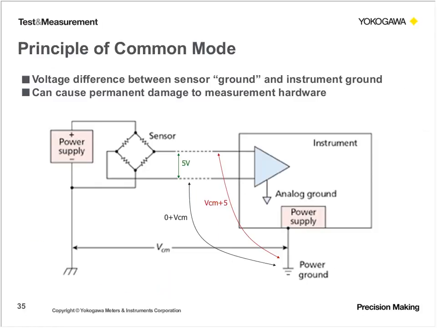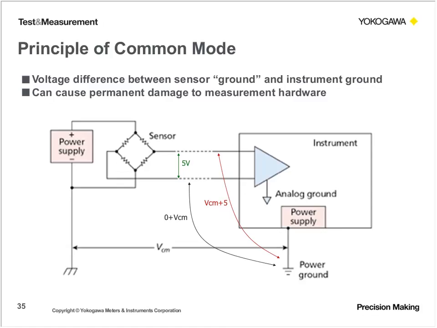The most basic reason this happens is that common mode noise occurs when you have a voltage difference between the sensor ground and the instrument ground. As I said before, common mode noise will typically show up as a voltage, and that voltage difference can have a huge impact.